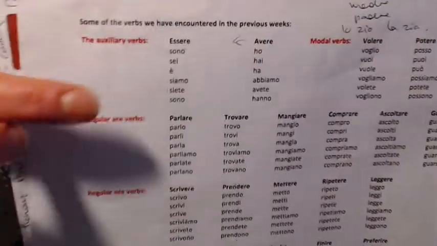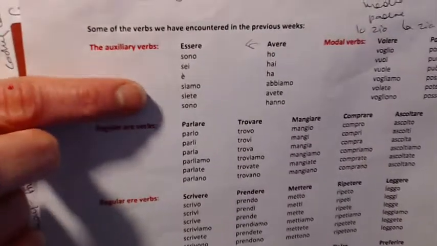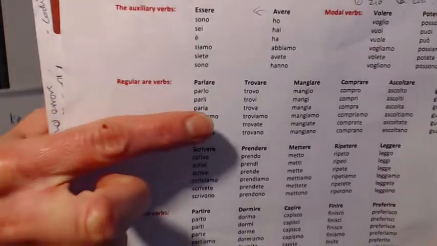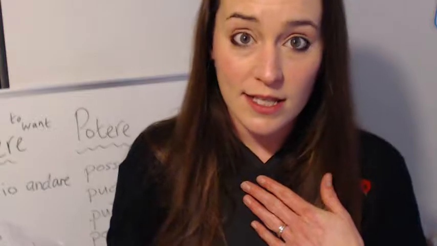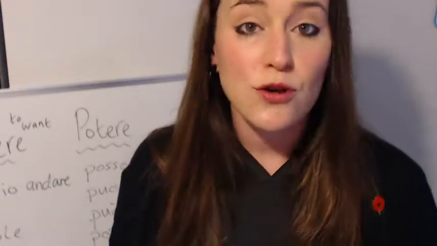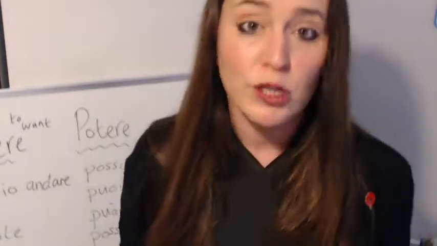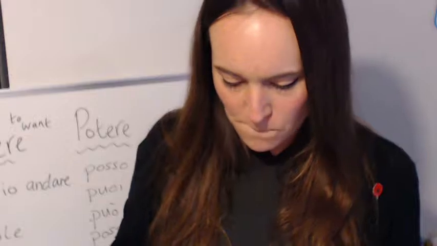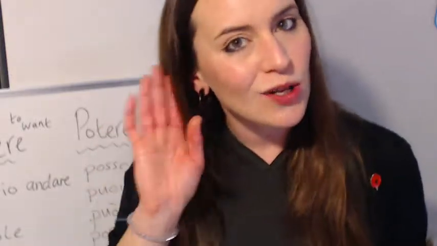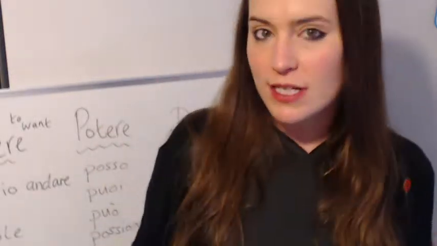So I don't know if you can see up here, we've got a couple of the auxiliary verbs. Then we've got ARE verbs, things like parlare, voglio parlare italiano. Voglio trovare il mio telefonino. I want to find my telephone. Voglio ascoltare la musica. I want to listen to music.